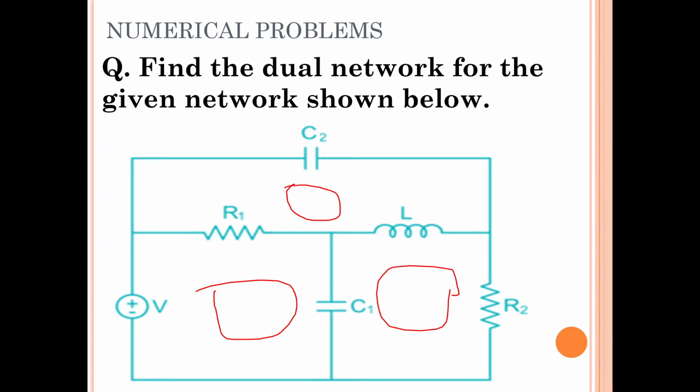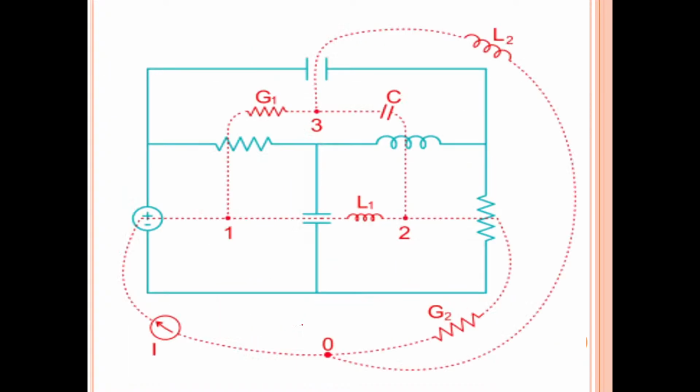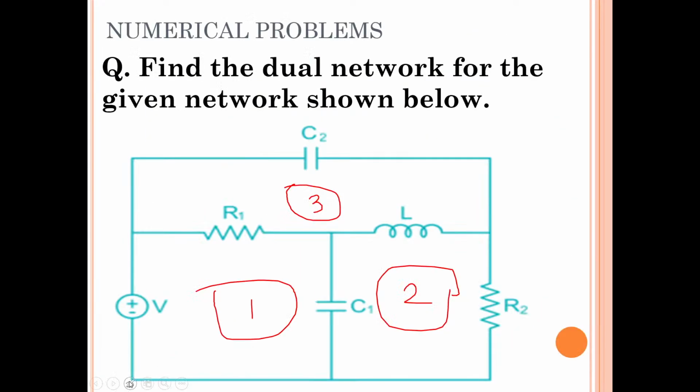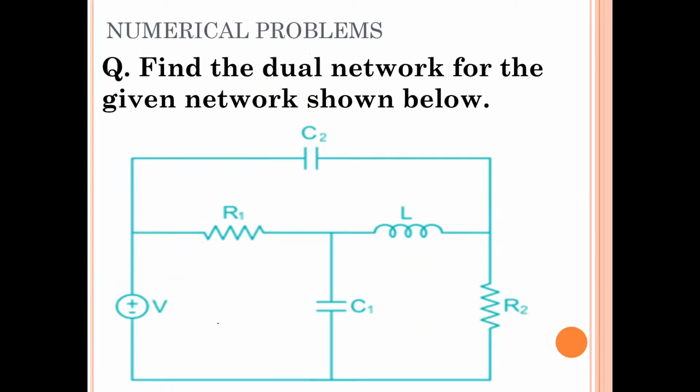So in each mesh, consider a node. Consider node 1 in this mesh, node 2 in this mesh, node 3 in this mesh. That's what I have done in the next diagram. I have put a node here. Better I will put the node in this diagram.